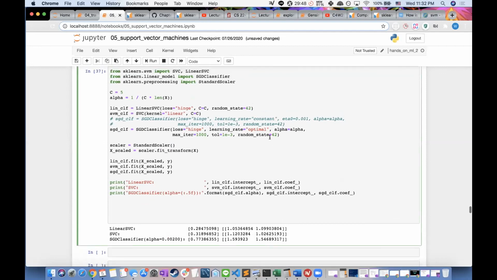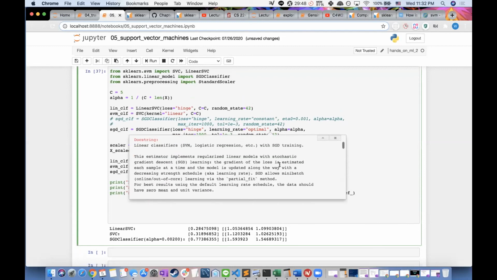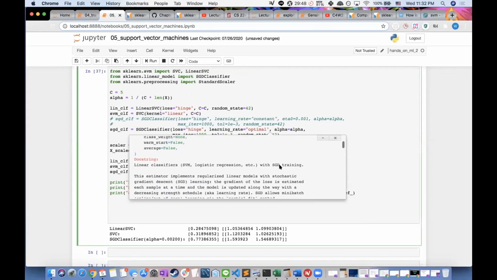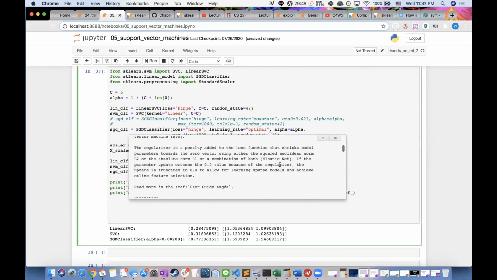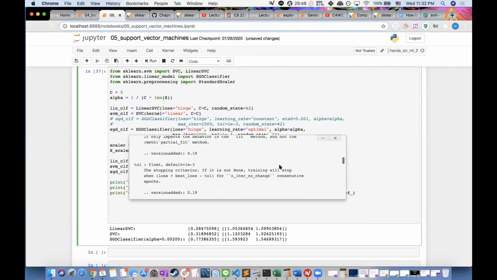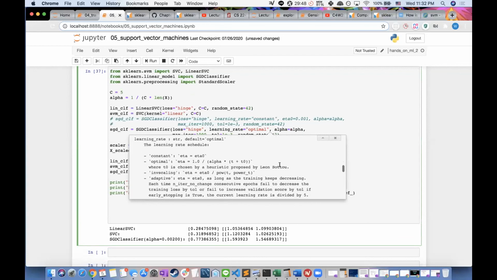Interesting. And let's see what this means, optimal. That's the default, and it's the optimal learning rate that it figures out rather than the constant that you supply.